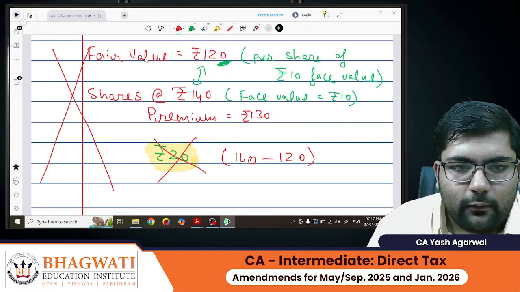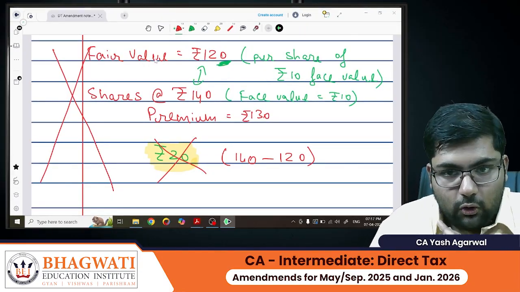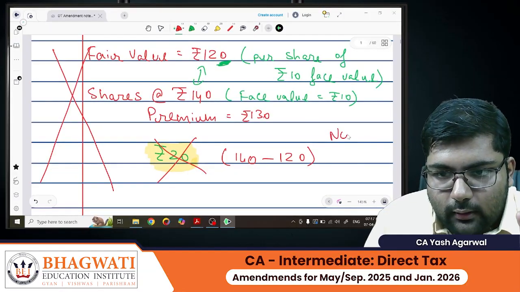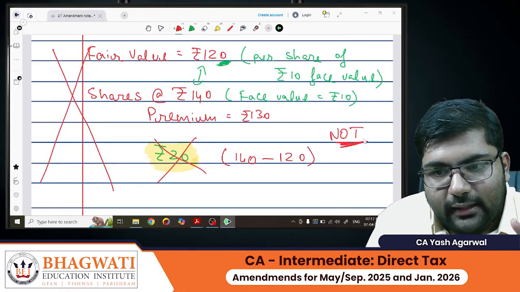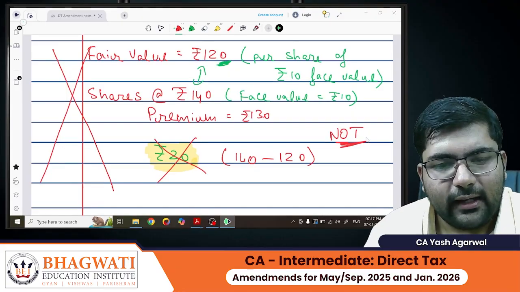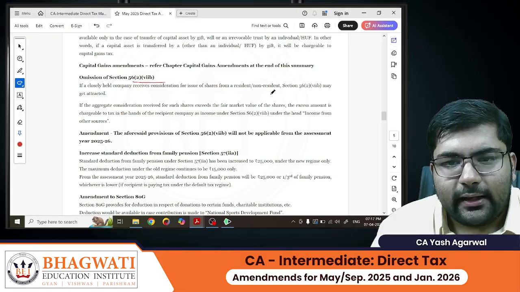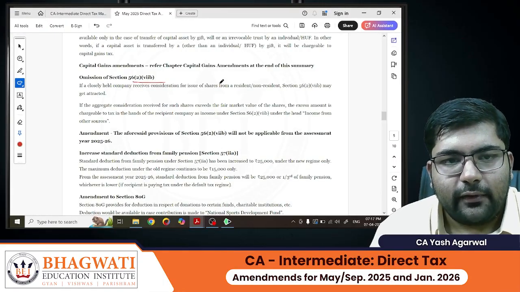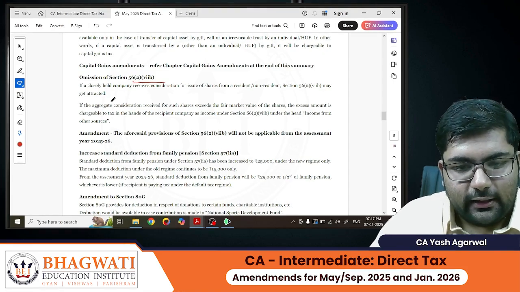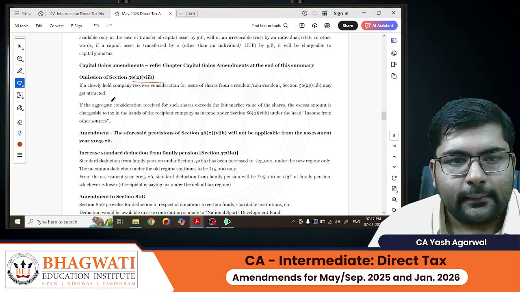The excess amount over and above the fair value will not be treated as the income of the company anymore. It's very important. I'm expecting a theory question or an MCQ on this. Section 56(2)(viib) is no longer applicable from this assessment year. This assessment year means assessment year 25-26.